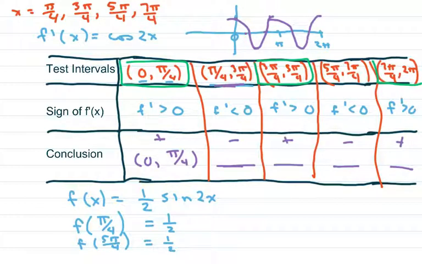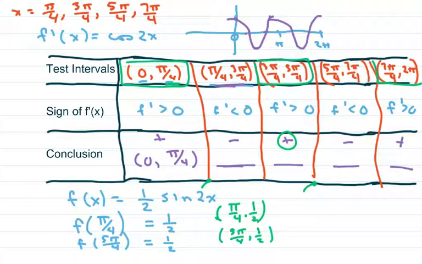So you have pi over 4, and at the end here, that's where it's increasing. So you're going to have a maximum. It's also increasing right in here. So that's another maximum. So our relative maxima are pi over 4 comma 1/2 and 5 pi over 4 comma 1/2.